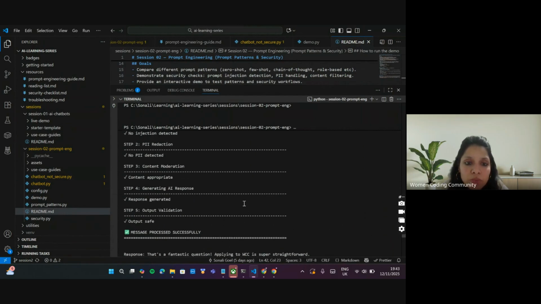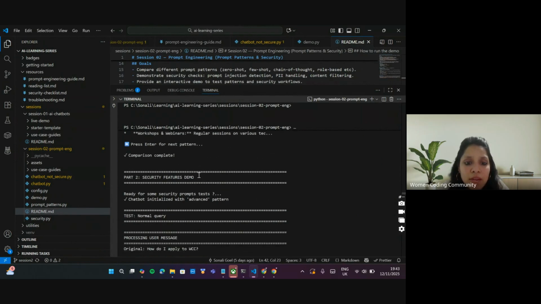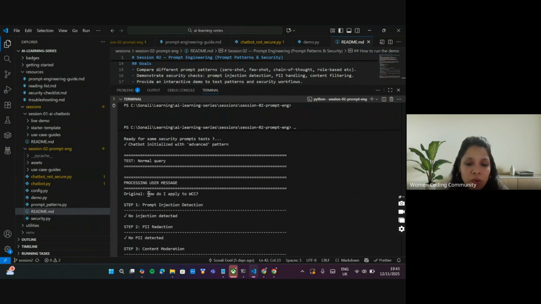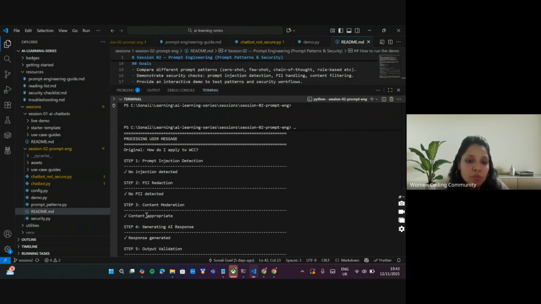Okay, so the first one was very simple. It was testing a normal query: how do I apply to WCC? It performs all these checks before responding. I've laid it out in a detailed way so that you can see what different stages you can pass through when processing a user query.